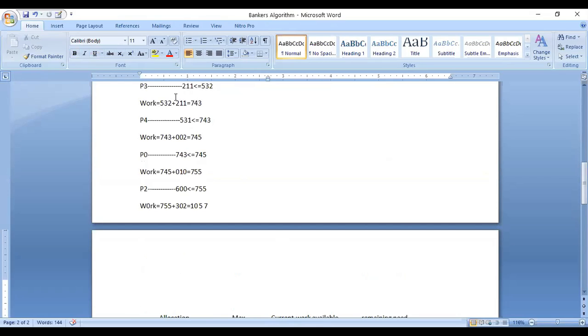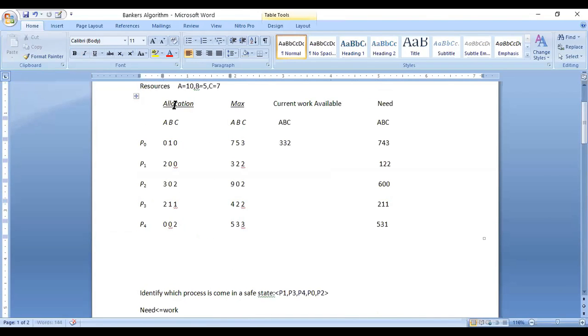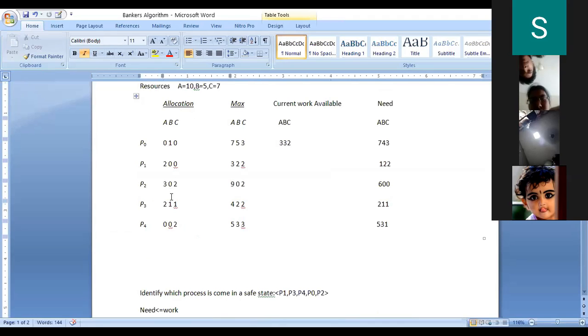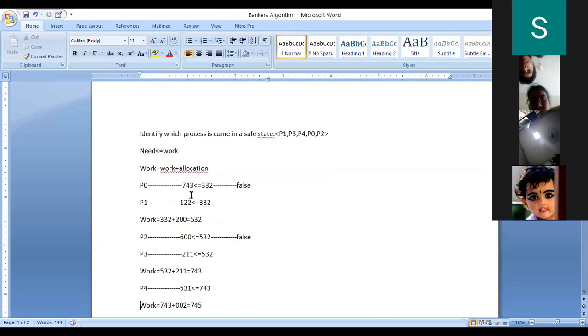If the condition is true, then work is equal to work plus allocation. So what is the work value here? 532 plus the allocation values for P3, which is 211. So add it: 532 plus 211.